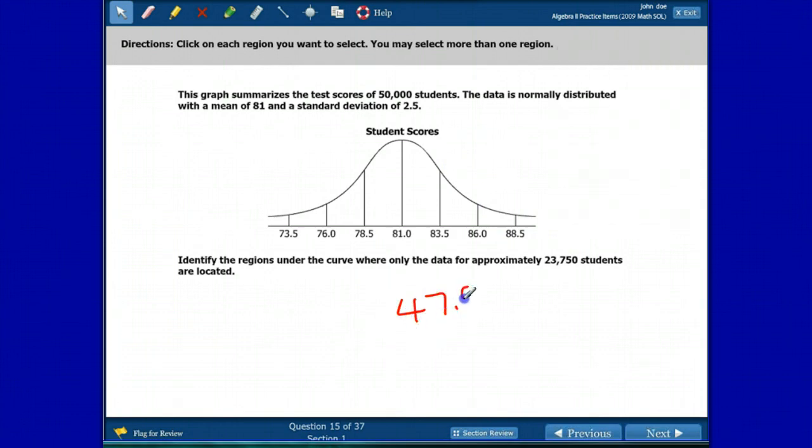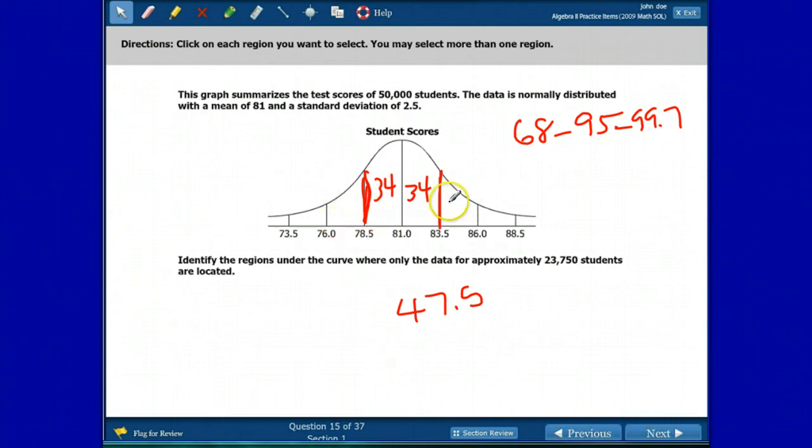Okay, so basically what I want to know is how much of this can you fill in. This is you knowing the rules: 68, 95, and 99.7. You've got to know all three of those numbers. 68 counts for from here to here, so each one of these pieces is 34.